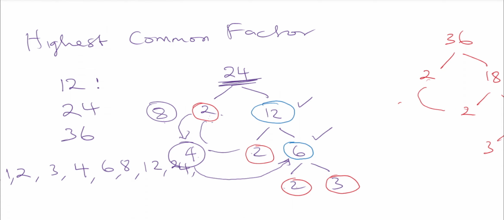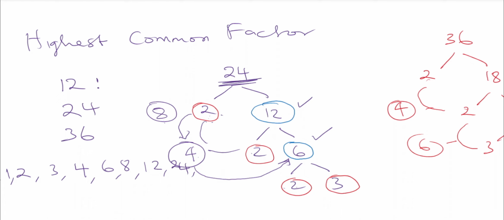So 2 and 2, 4. 4 is also a factor of 36. 2 and 3, 6. 6 is also a factor of 36. And then, of course, 4 and 2, 8. 8 is not, because there's no direct number that can be multiplied by 8 to give us 36.